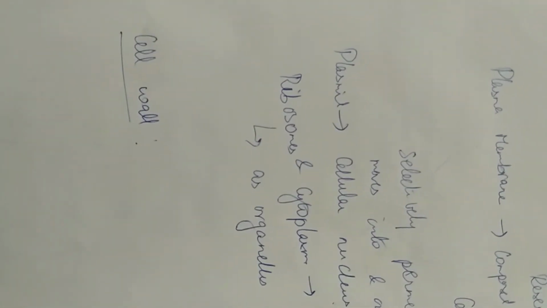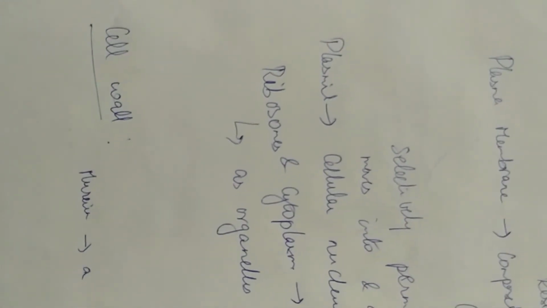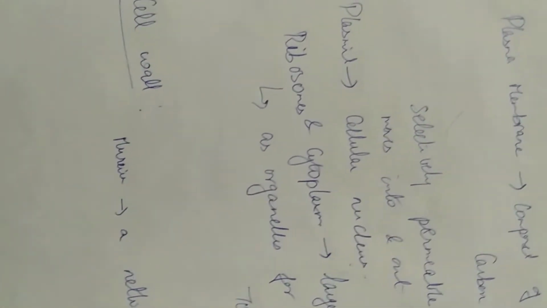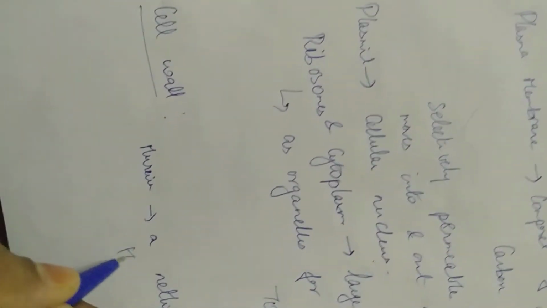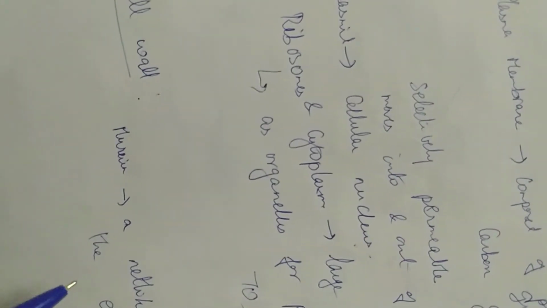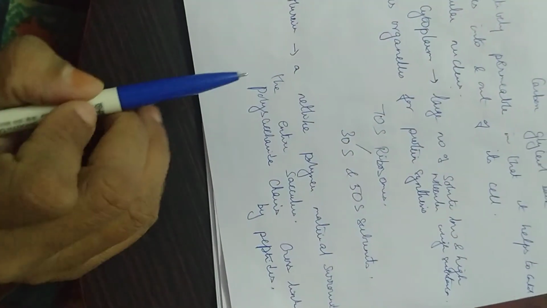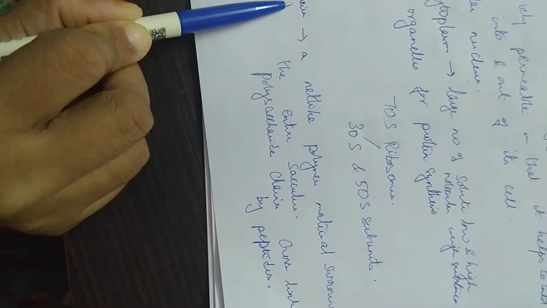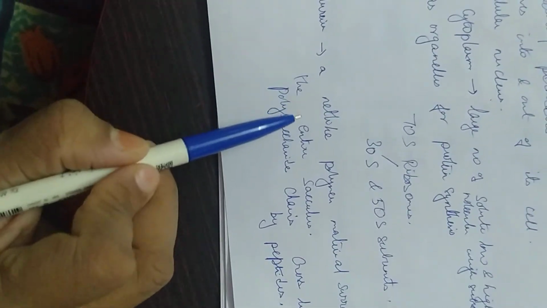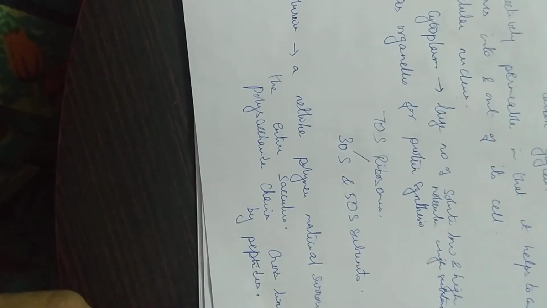The most important structural element of the cell wall is called murein. Murein is a net-like polymer material which surrounds the entire sacculus. This murein is made up of polysaccharide chains cross-linked by peptides.